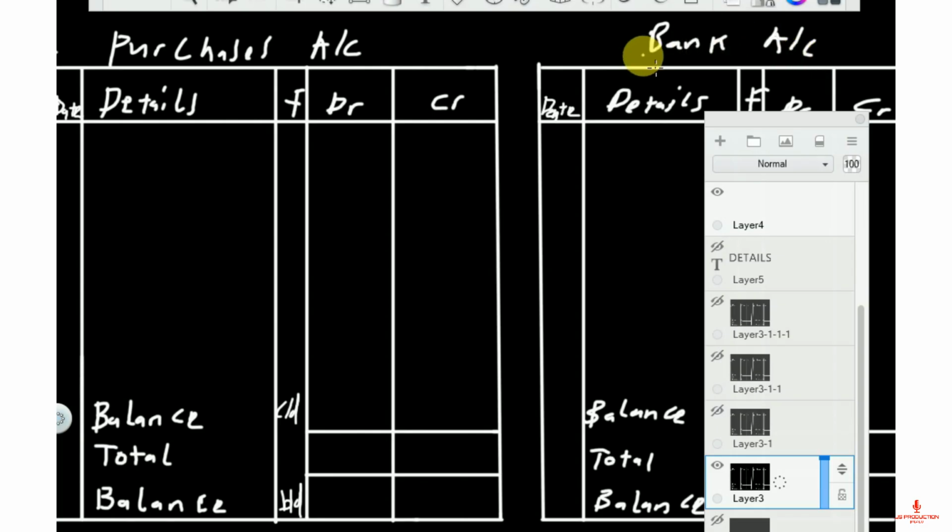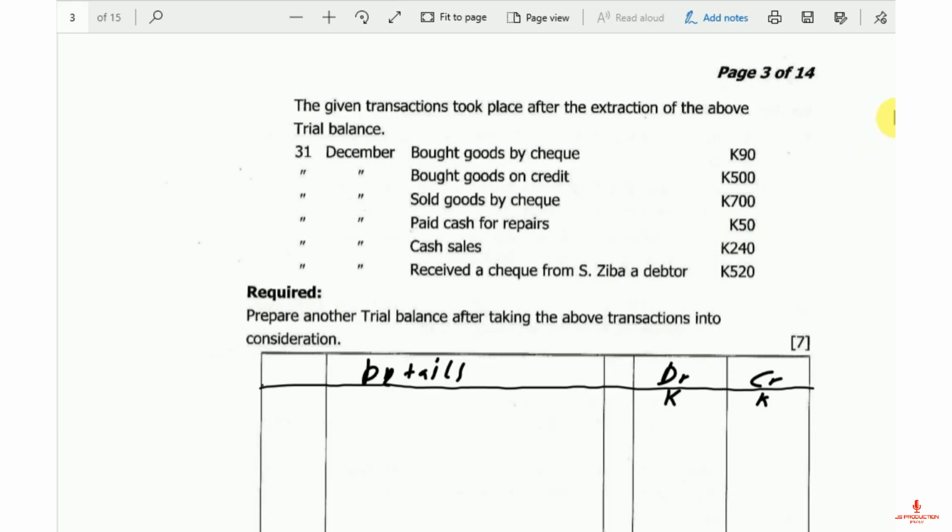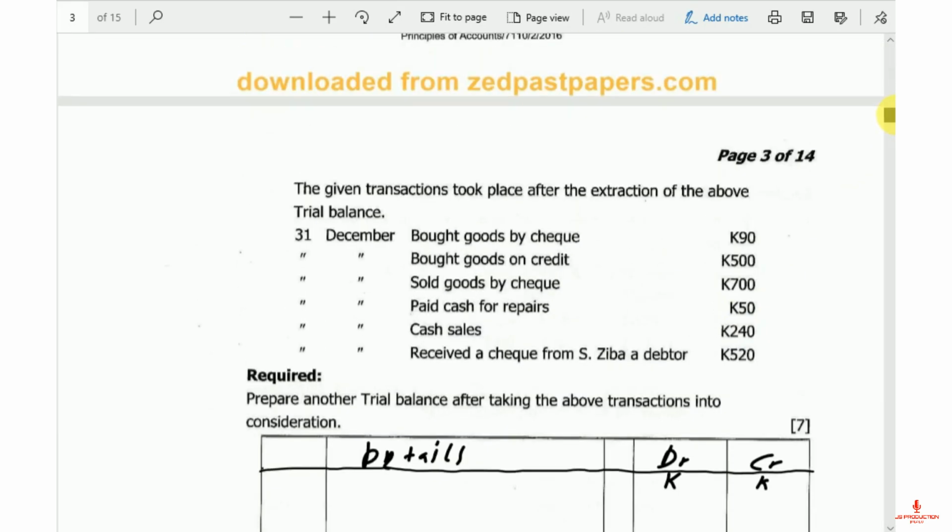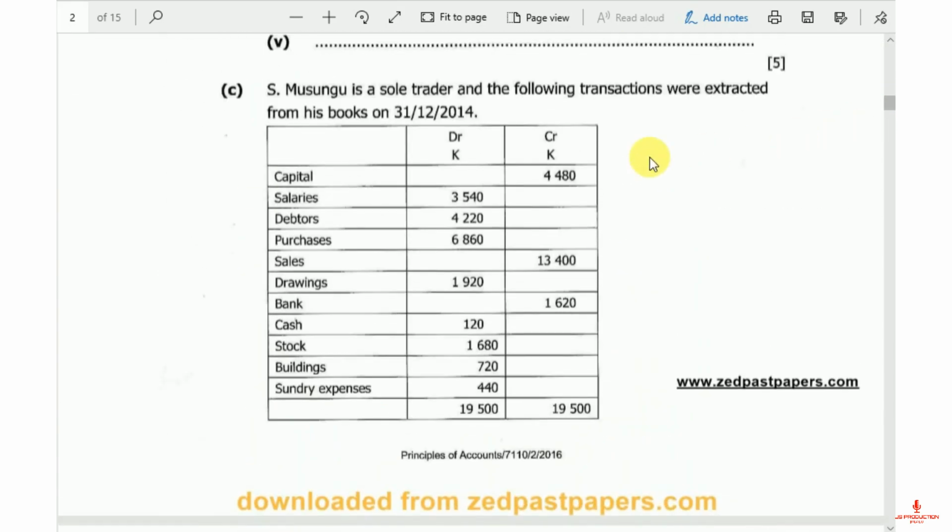Let us take a look at the trial balance that we have been given. In the trial balance, the purchases and the bank, we can find them. That means we have some balances. The balance of purchases is 6860, and the balance of bank is 1620.